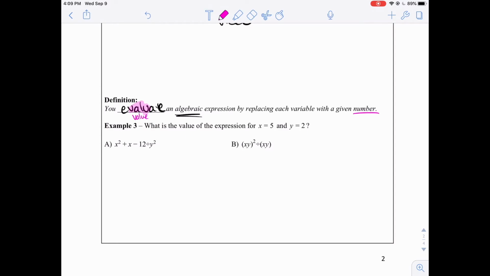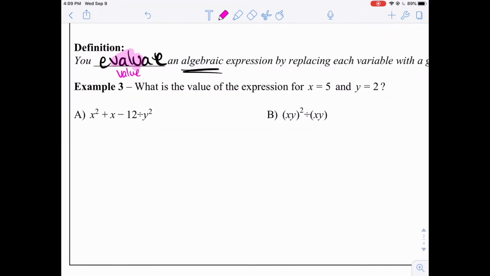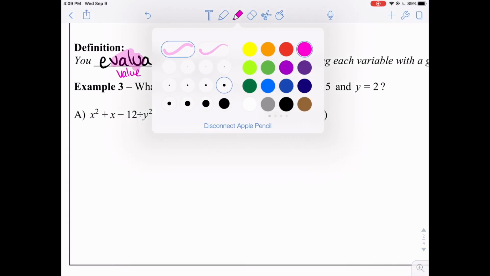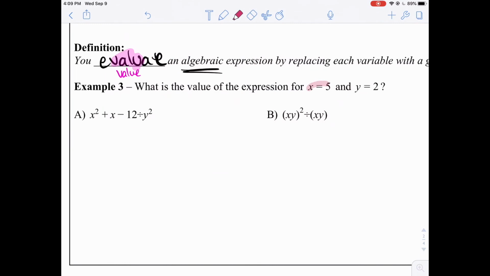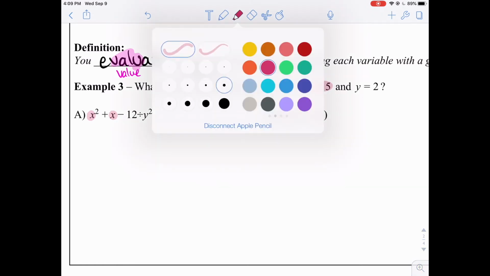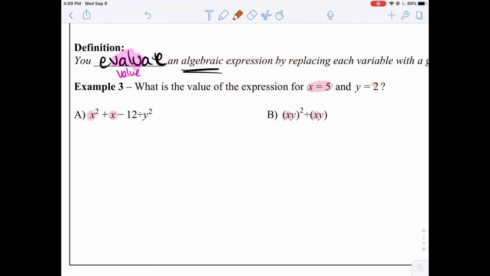So I like to color code when it's time to evaluate expressions. So here we're given two variables. We're given x is 5. So every single time I see an x, I'm going to put a 5 there, here and here. And every single time I see a y, we're going to put a 2 there. I'm going to put a 2 here, a 2 here, and a 2 here.